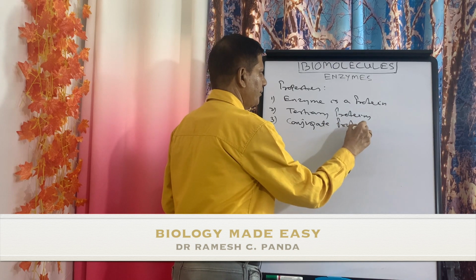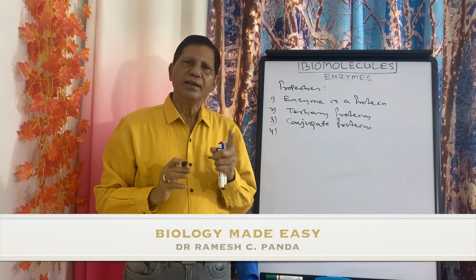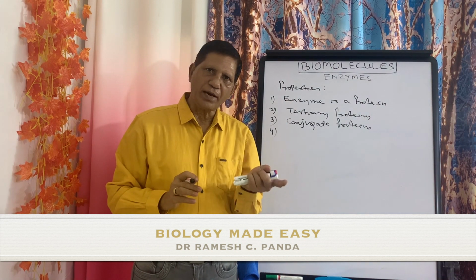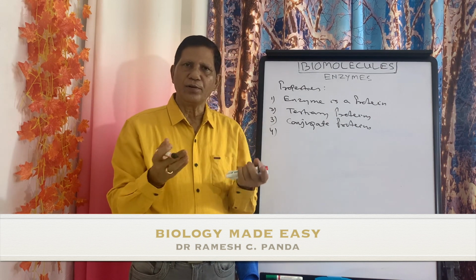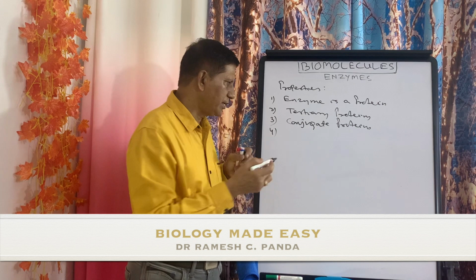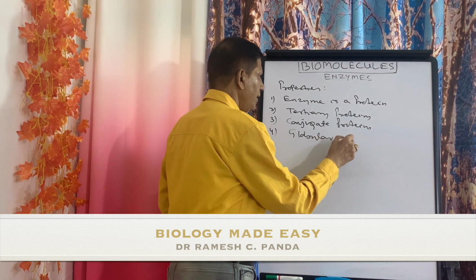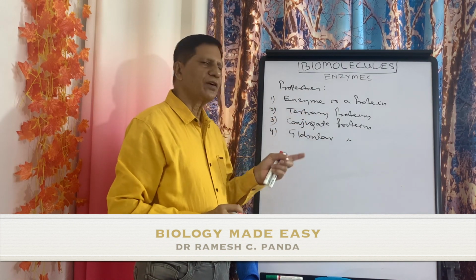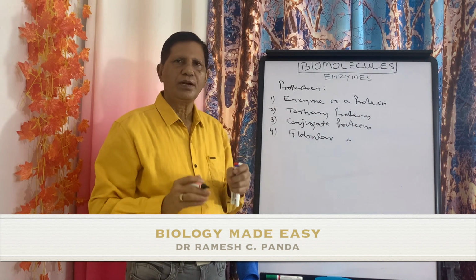And the fourth one, again we have discussed that the proteins may be globular or fibrous depending upon the solubility. All enzymes are soluble in water, so these are globular proteins. That means enzymes are tertiary, conjugate and globular proteins. In one sentence also you can write all those things.